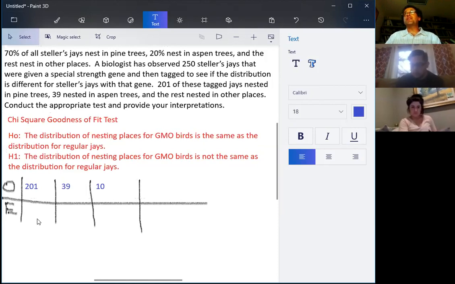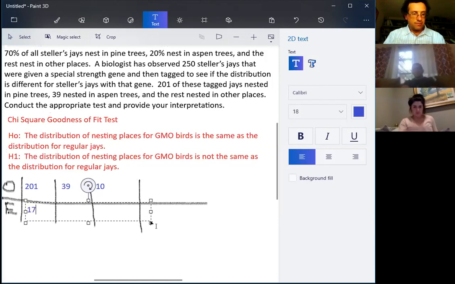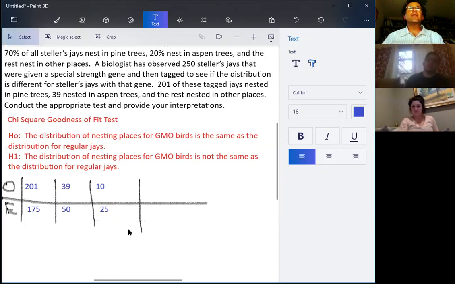And what's 70% of 250? 175. And then similarly, 20% of 250 is 50. And now the rest, we've already accounted for 225, and we want 250 total, so there's 25 left. Any questions on that?